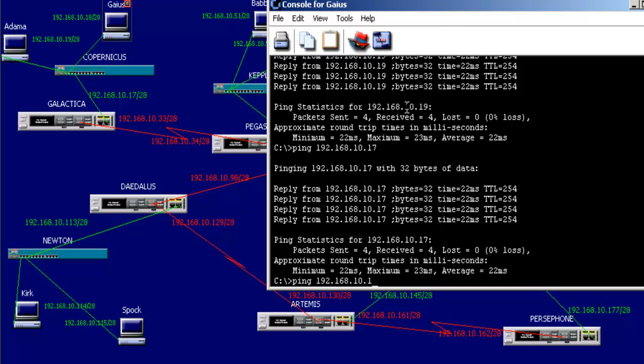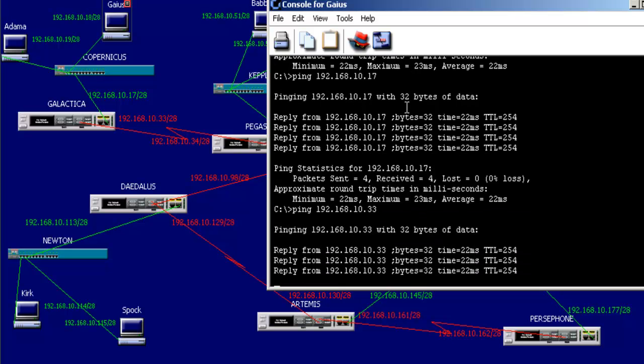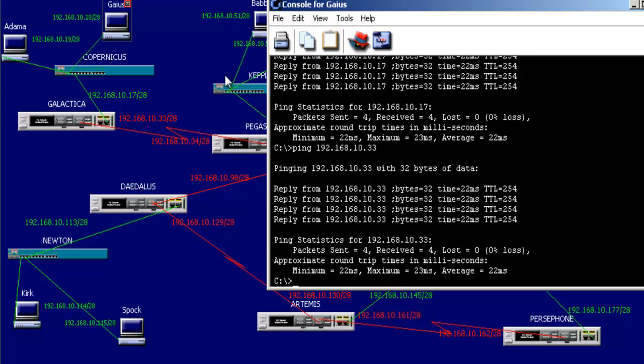And if I could reach that far, I should be able to reach a direct adjacency on the router, so like 1033 on the Galactica should be accessible. But from here on out, if I don't have static entries or dynamic entries set up correctly in my routing tables, it's not going to know how to route the datagrams or packets, and then return the echo replies from those addresses, unless the routing tables know how to send them back.